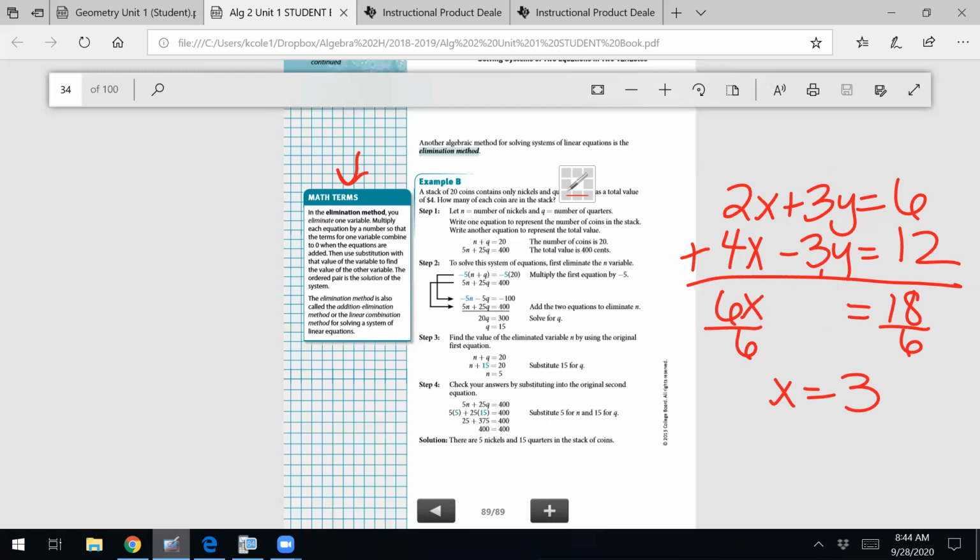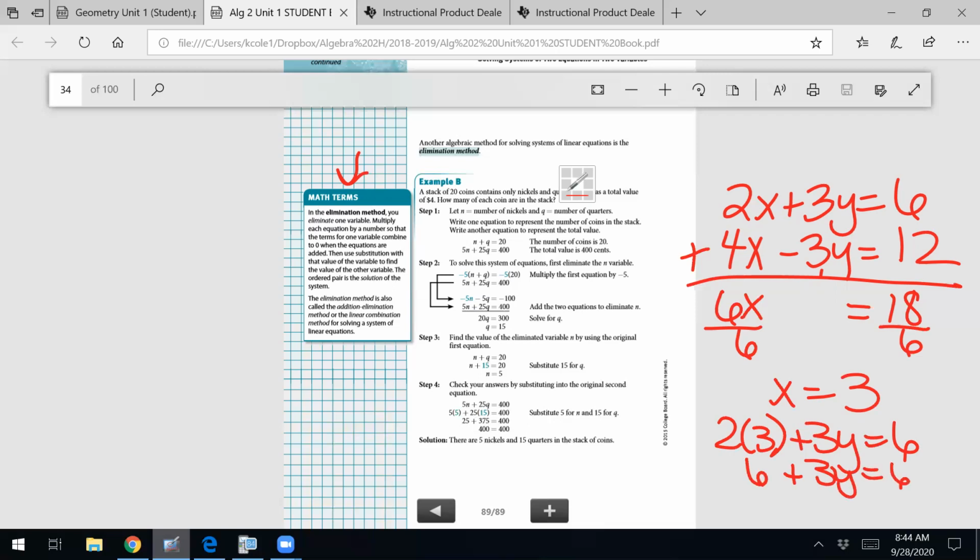So that's that. Then, to get the y value, you take that and you plug it into either of the equations. It's not going to matter which one. I'm going to do the first equation. So 2 times 3 plus 3y equals 6. 2 times 3 is 6 plus 3y equals 6.